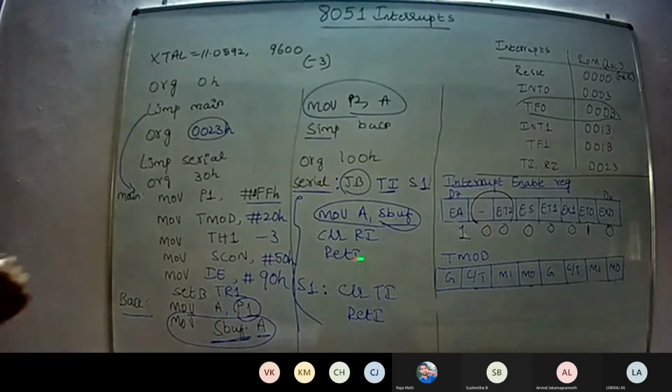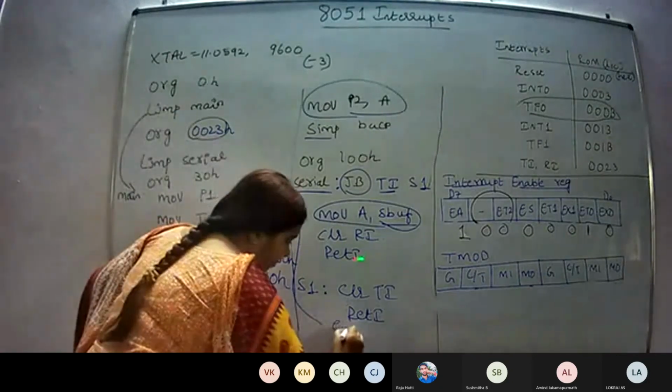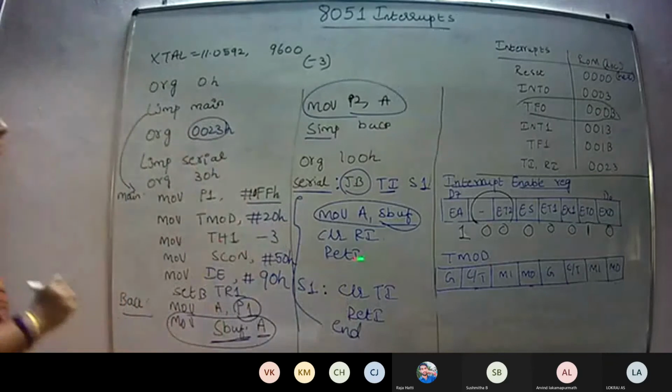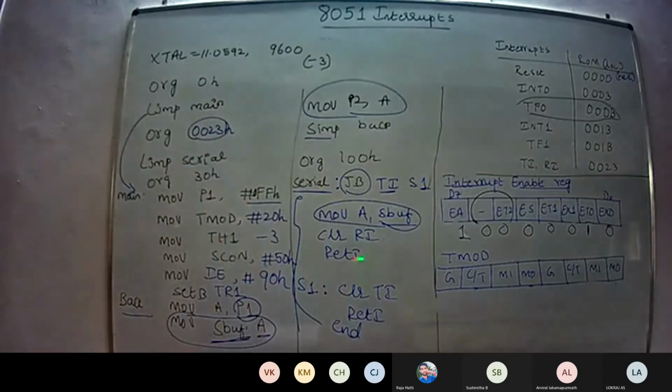Return from the interrupt and end. So this interrupt is used for serial communication at 9600 baud rate. Hope you have understood. Thank you.